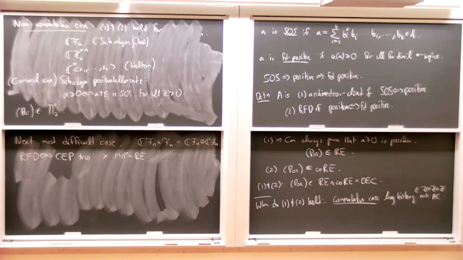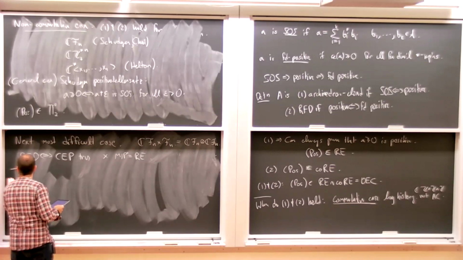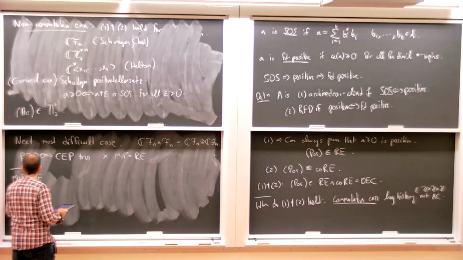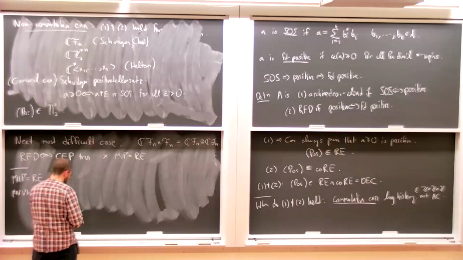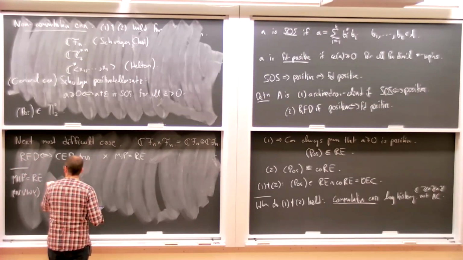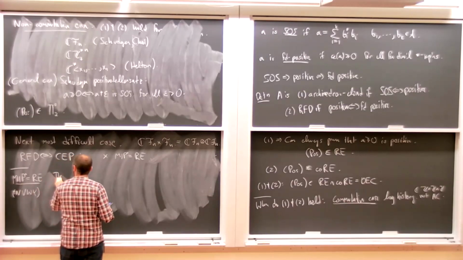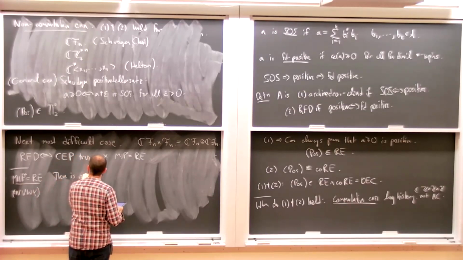Yeah. Okay, so I wanted to say something about MIP star equals RE from this point of view. So what does it say? And of course, a theorem of Anand Natarajan, Zhengfeng Ji, Thomas Vidick, John Wright, and Henry Yuen. So there is a mapping.